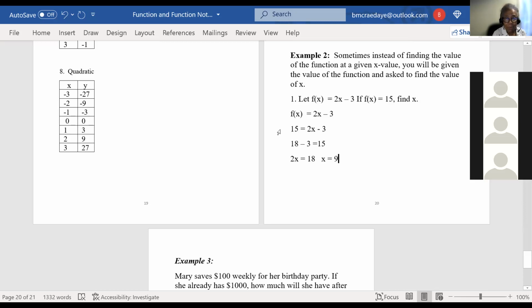Most times you're looking for the function value itself, given the input, right? But sometimes you're given the value of the function and you have to find the variable. Find x. Any questions?